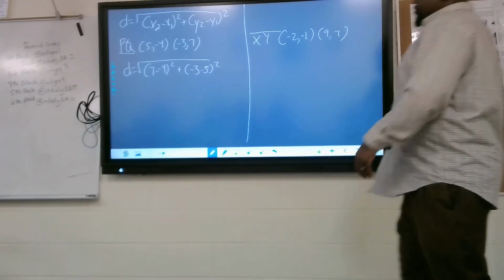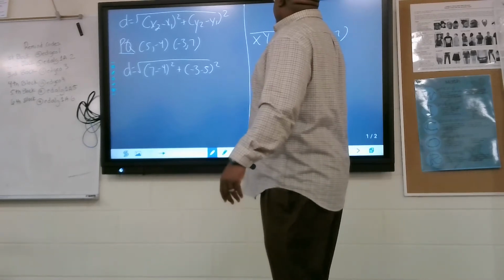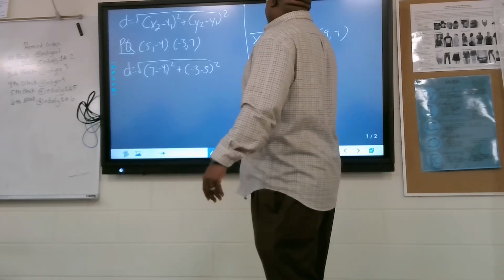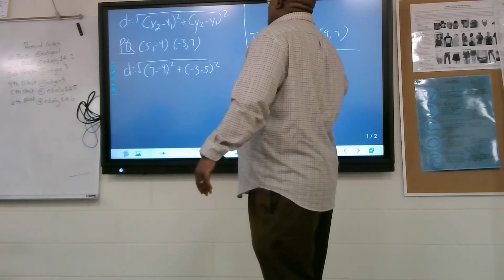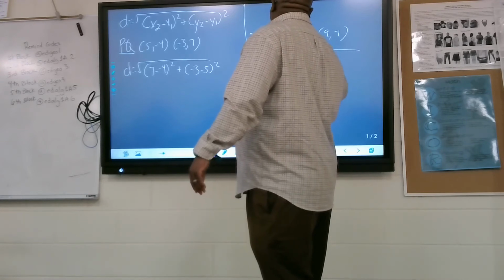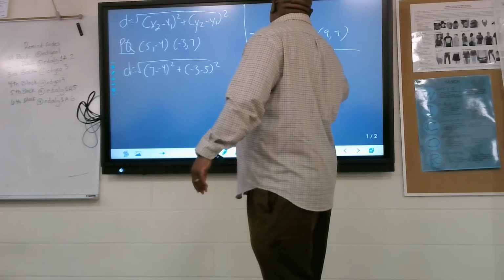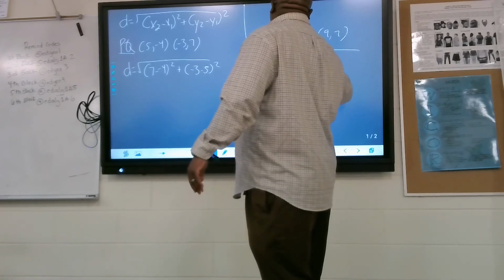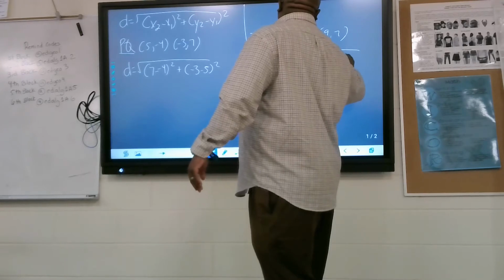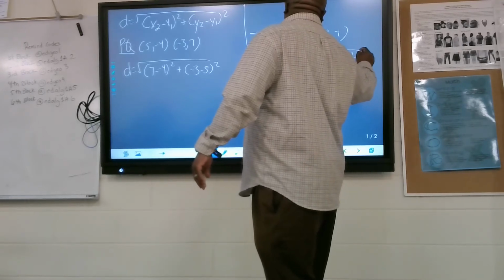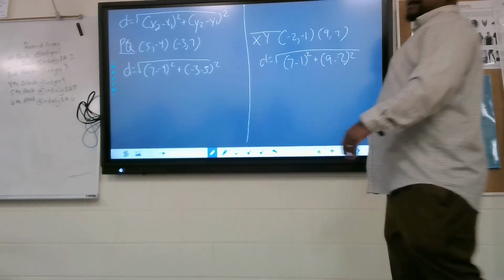And then this one you can set up like D equals the square root of (7 minus -1) squared plus (9 minus -2) squared.